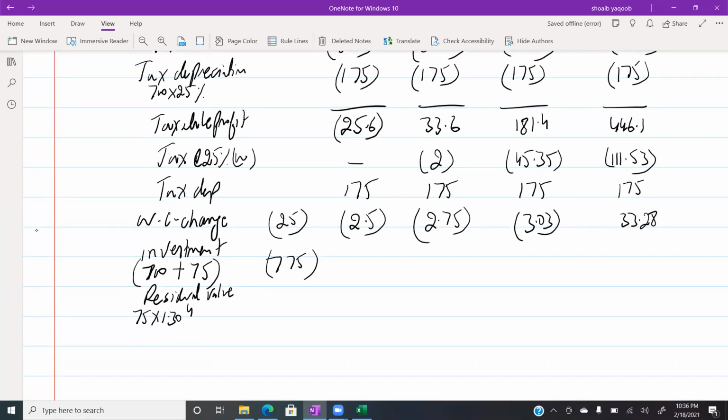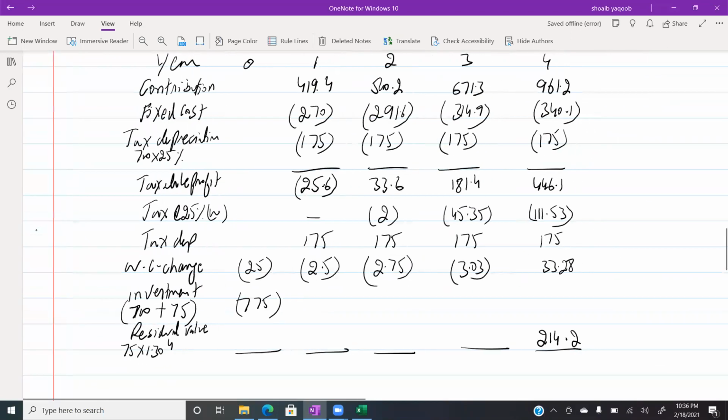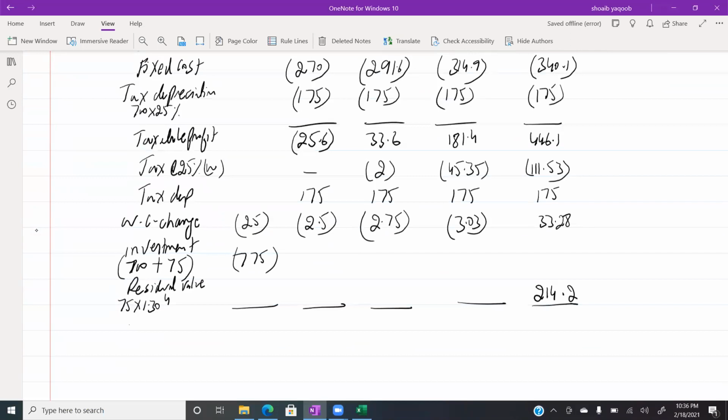And land and building will increase every year by 30%. We have already discussed that point. It is 214.2, right? Please calculate the net cash flows. All of these net cash flows are in lira.